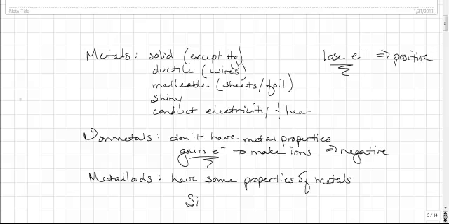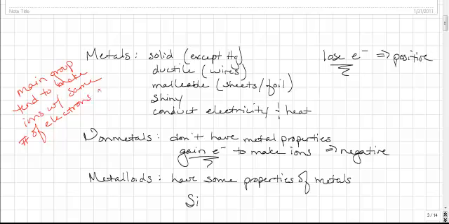The main group metals and nonmetals tend to make ions with the same number of electrons as our noble gases, which we'll talk about in a second, but that is column 8A or 18. Okay. So, some different, very broad classifications of our different elements.